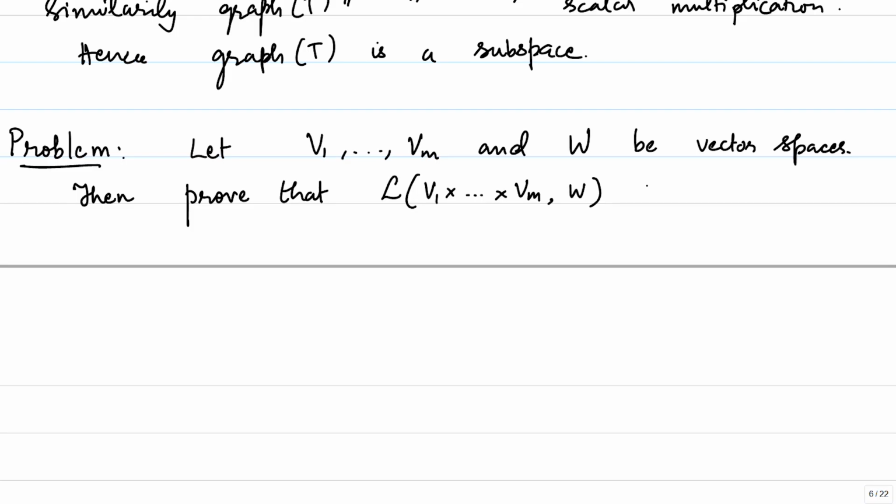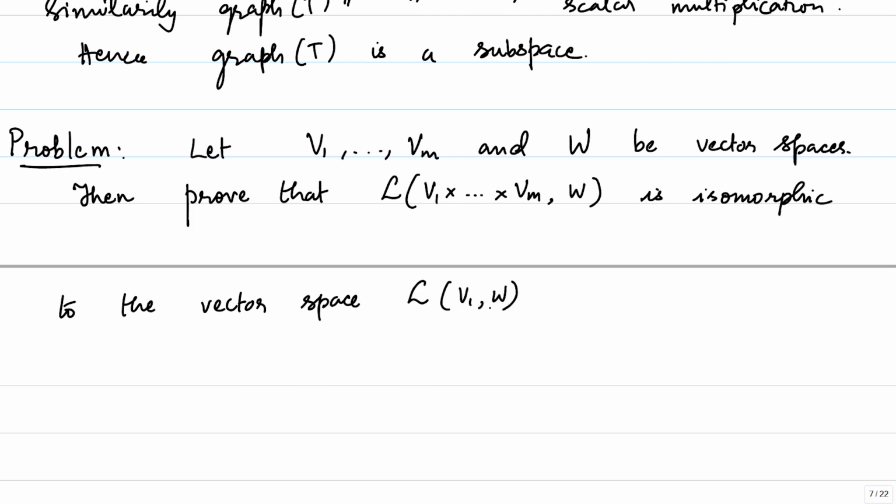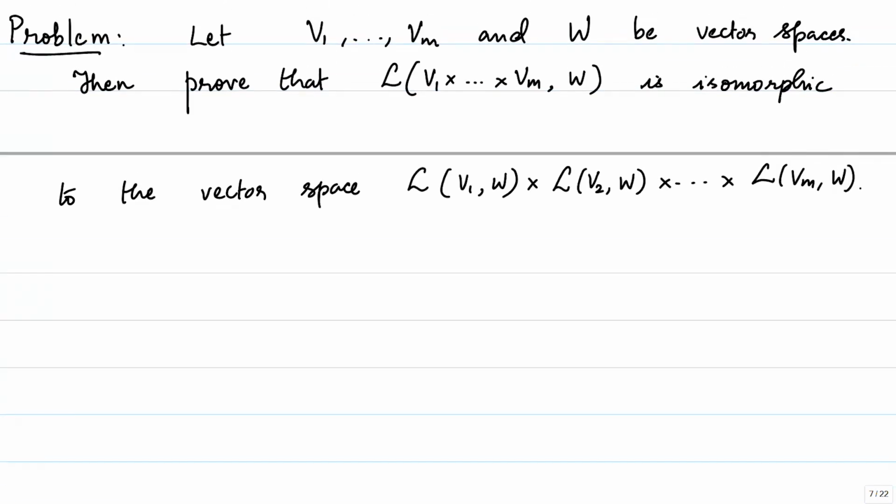The problem tells us that this vector space is isomorphic to the vector space which is L of V1 W, which is in particular a vector space, product L of V2 W up to L of Vm W. Okay, so let's try to prove this problem.